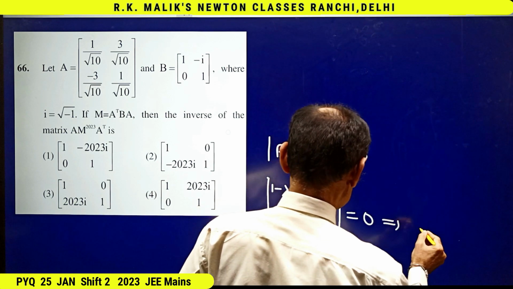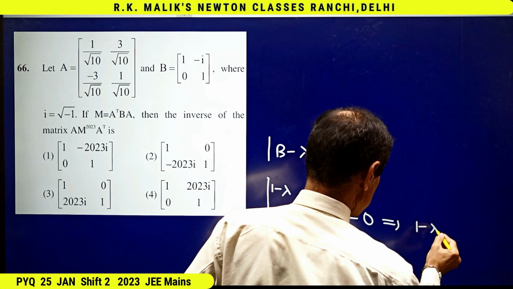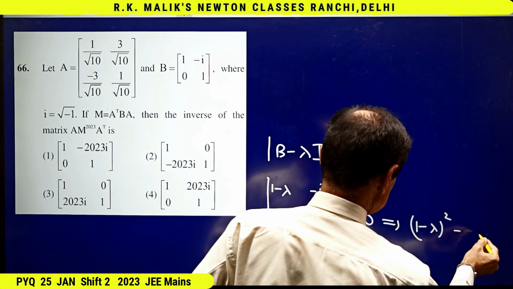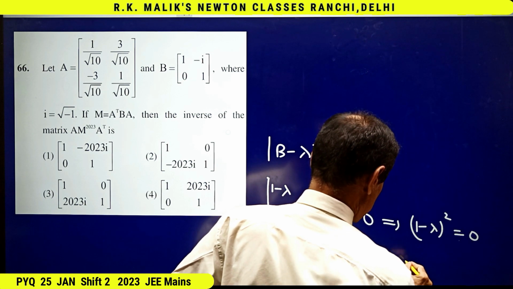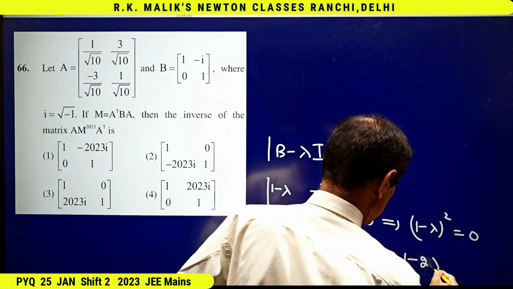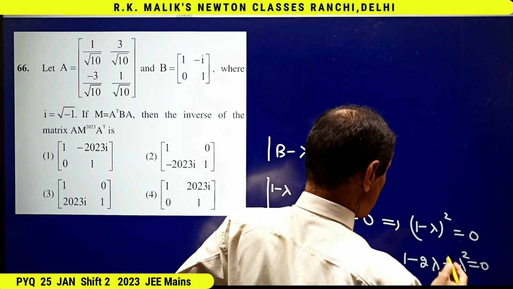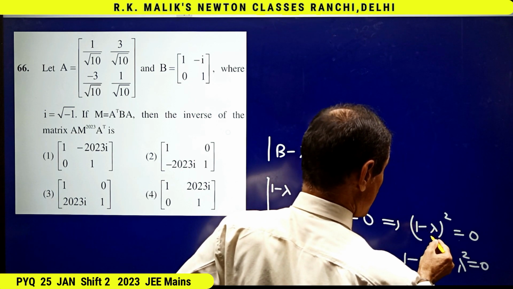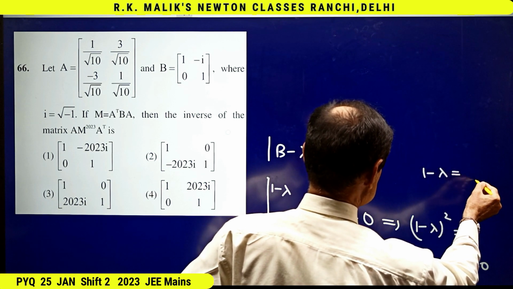If you open this determinant, you get 1 minus lambda whole square equal to 0, that is 1 minus 2 lambda plus lambda square equal to 0. Note that you will not write it as 1 minus lambda equal to 0.